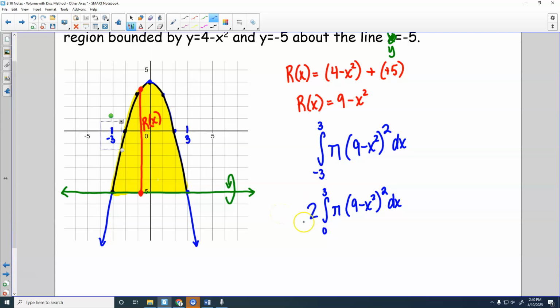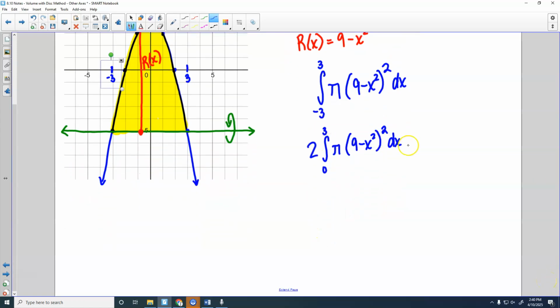Just double it, right? You don't have to do this. You could do it like I have it set up here. But if you do this, it does make the work a little bit easier, because when you plug in 0, you'll just get 0 for that. So if we do this, then we'll have a 2 pi out here.